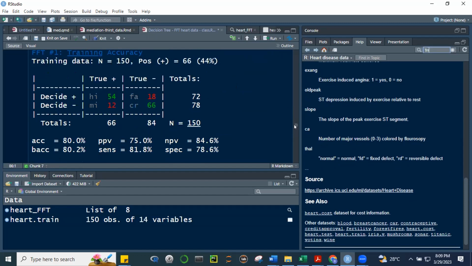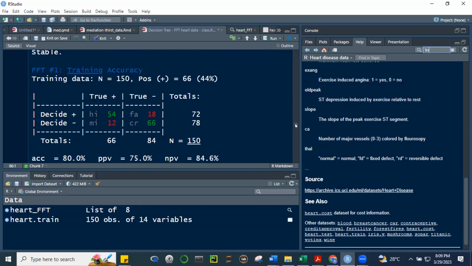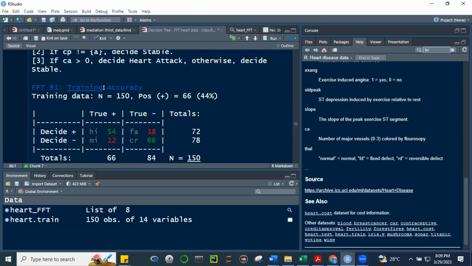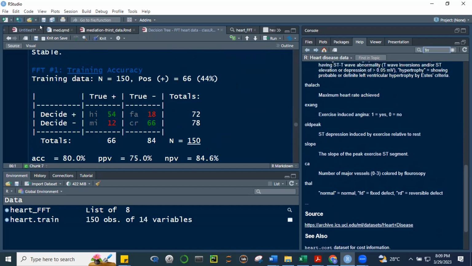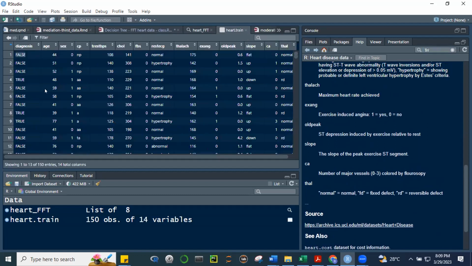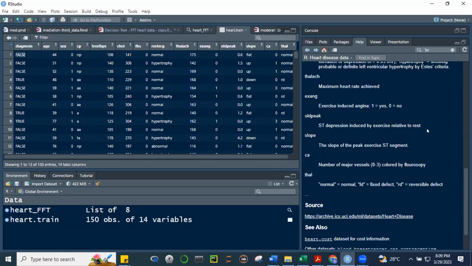Alright. So tingnan natin, ano nangyari dito. There are 150 observations sa training data natin. Okay? 150 observations. Alright. Tingnan nga natin kung asan ba yung training natin. Ito. Let's see.